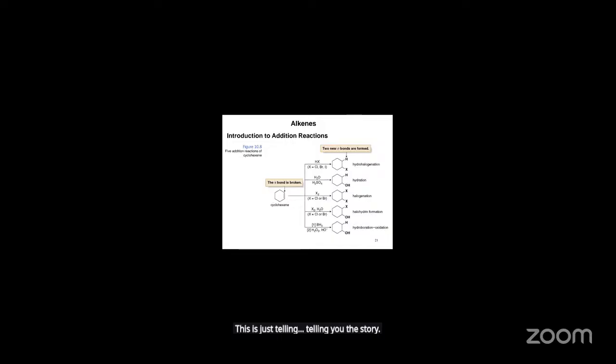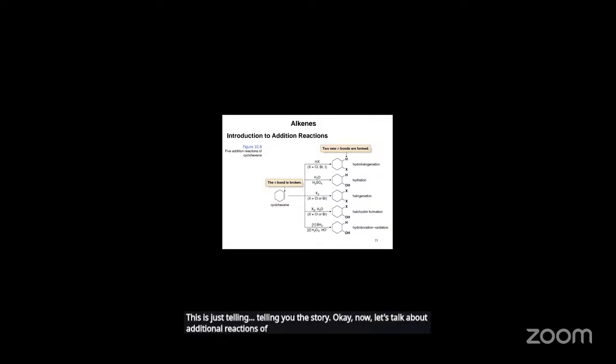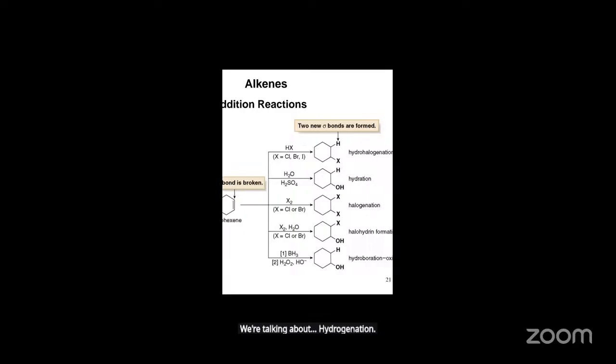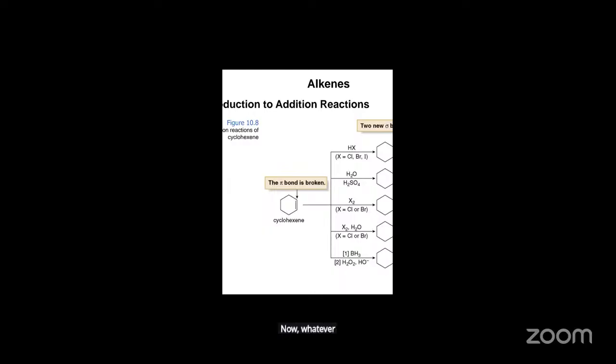Now let's talk about the addition reactions of alkenes: hydrogenation, hydrohalogenation, hydration, halogenation, halohydrin, and hydroboration. Whatever happened in the ring happens in the straight chain.